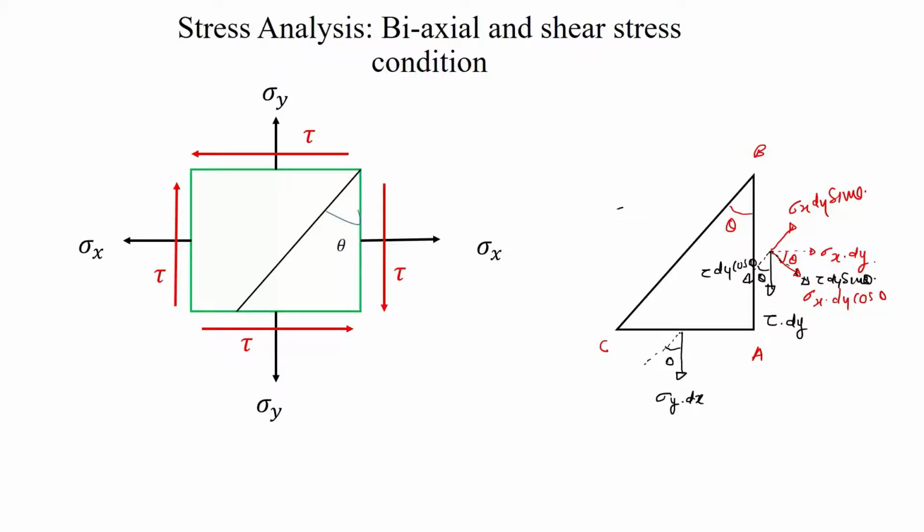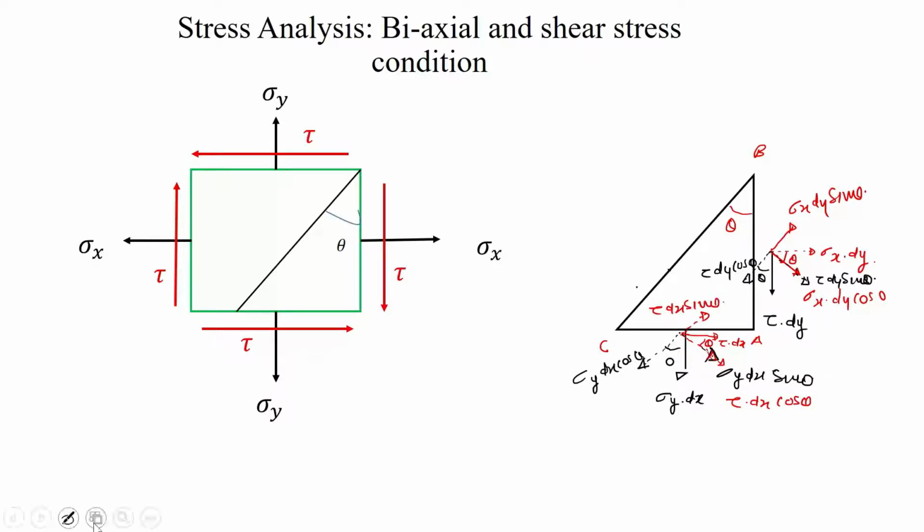This angle is theta, and this component would be sigma y dx cos theta, and in this direction this would be sigma y dx sin theta. And the tangential force on the AC plane is tau dx. If we resolve this force into two components, in this direction, if this angle is theta, then this component would be tau dx cos theta, and another component in this direction would be tau dx sin theta.